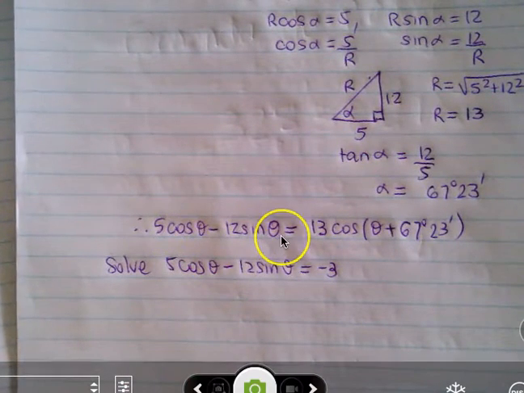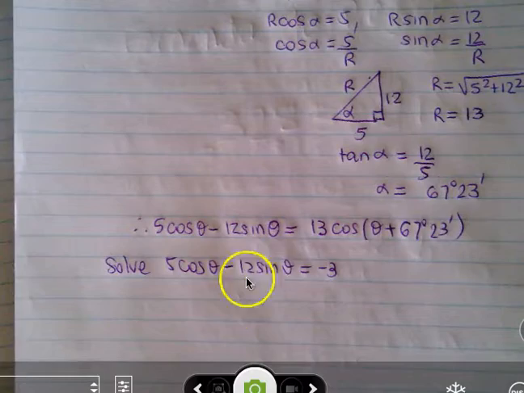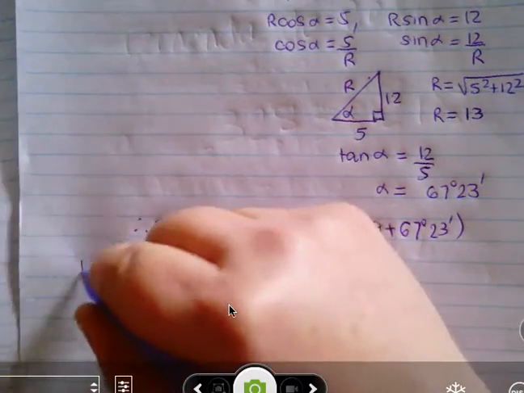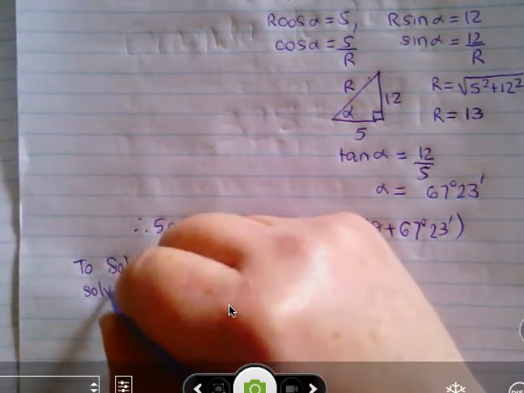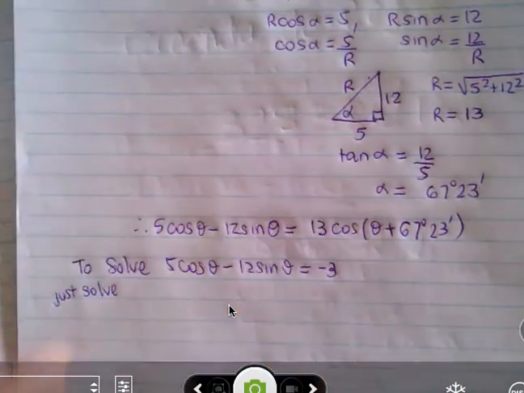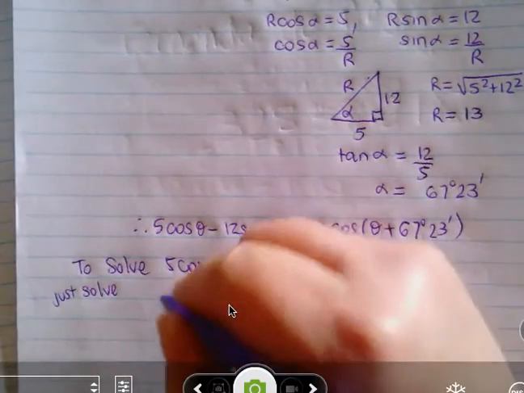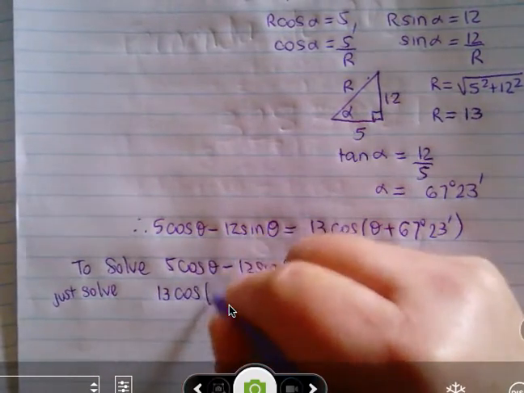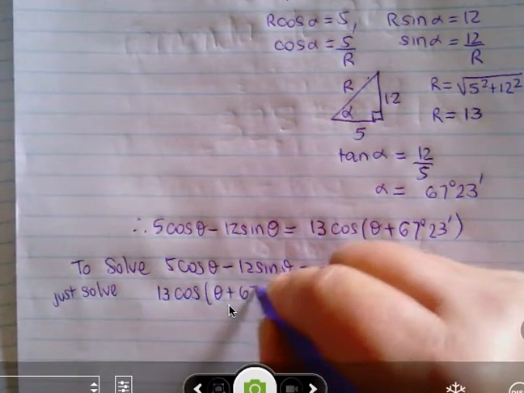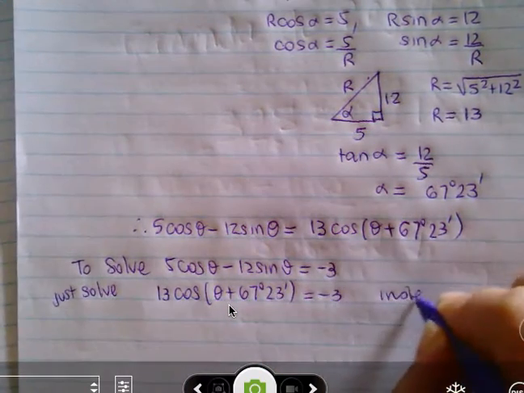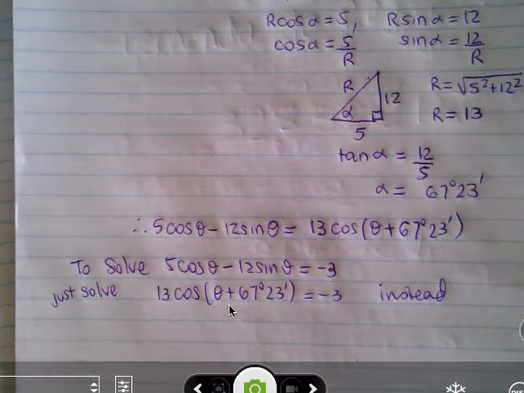So we just solve 13 cos of theta plus 67 degrees, 23 minutes equals negative 3 instead. We solve that one instead.